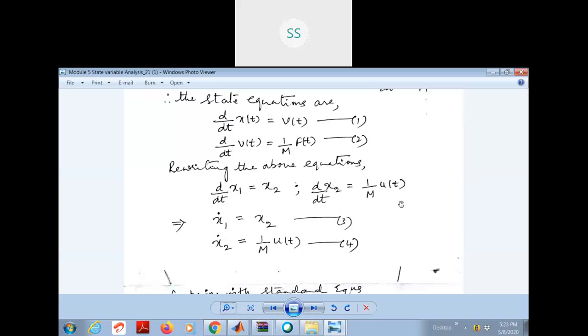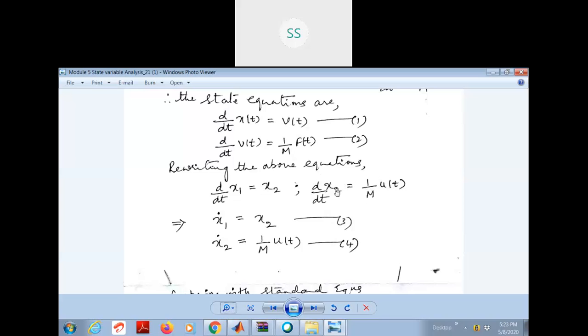So now we have replaced all our physical system parameters in the form of state variables. The state variable notation is now brought into equations 1 and 2. So d by dt of x1 equals x2 and d by dt of x2 equals 1 by m into u of t.